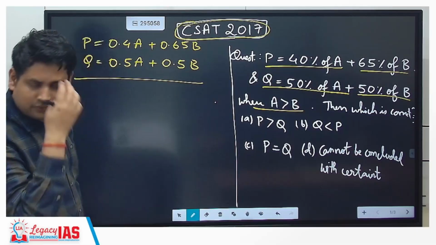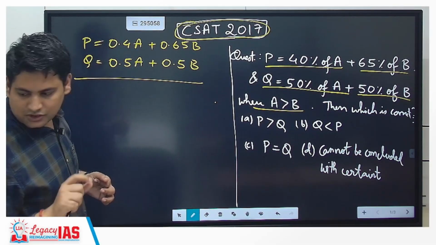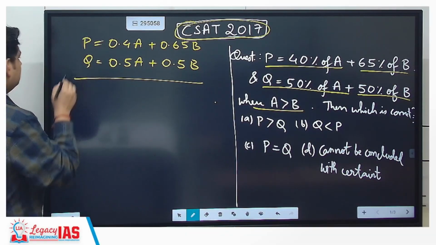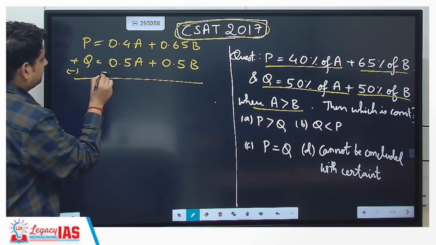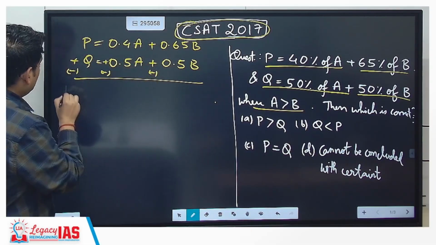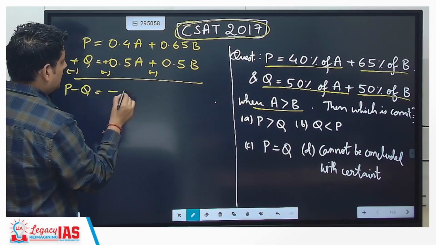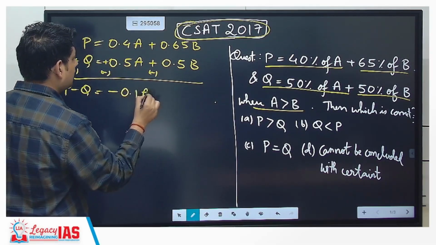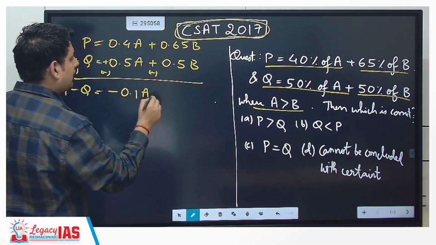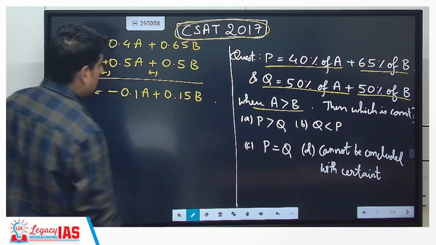Now you subtract them, because we want to calculate P minus Q. That will give us the relation. You just subtract it, plus minus, plus minus. Now it becomes P minus Q is equal to 0.4 minus 0.5, which is minus 0.1A, and 0.65 minus 0.5, which is plus 0.15B.